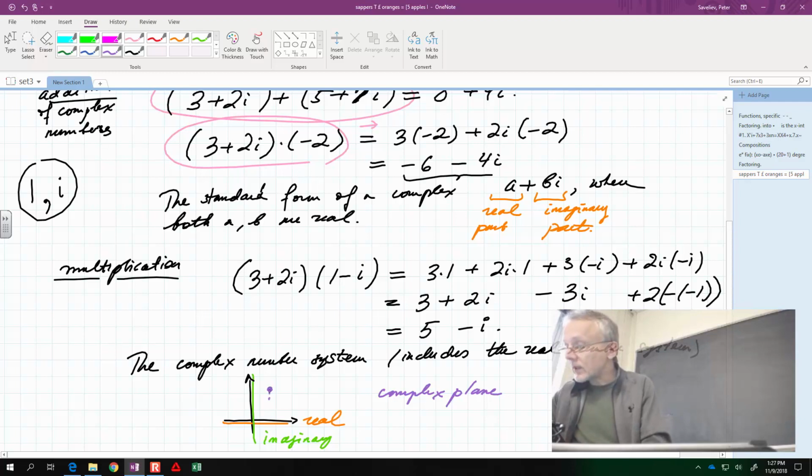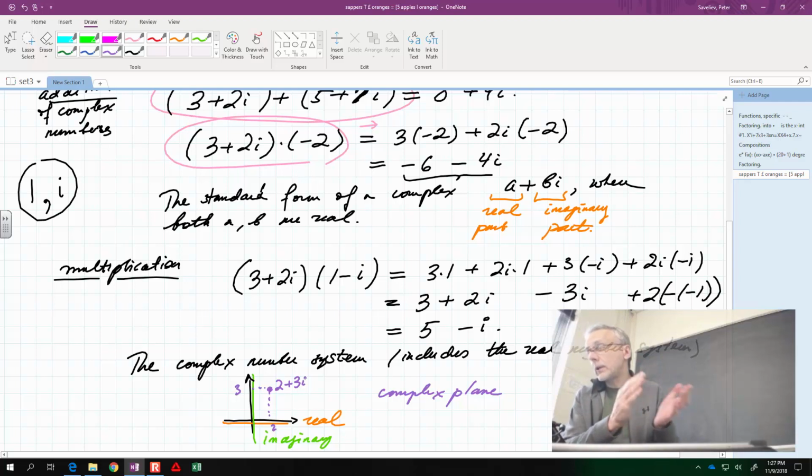So for example, this one is 2 plus 3i. You look at how many you count on the horizontal axis, say 2, and then how many on the vertical line, and if it is 3, then the imaginary part is 3i, while the real part is 2.